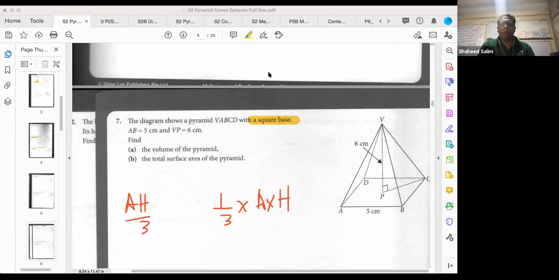Can find? Okay, you found it. Okay, both of this area below is the same thing. It's just a different way of writing. So now we take area. What's your area? You remember this is a square base now. 5 times 5, 25. Area is 5 times 5, 25, times the height they give you, which is 6. Must divide by 3. How much do you get?